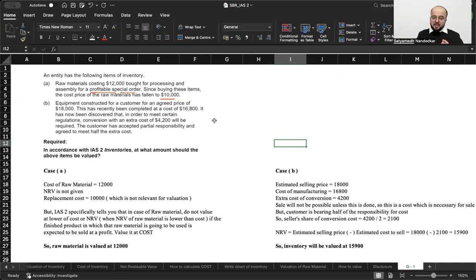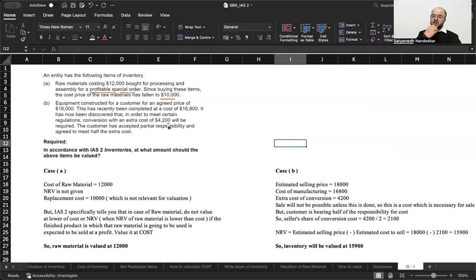It has now been discovered that in order to meet the regulations, conversion with an extra cost of 4200 will be required. The agreed price is 18,000. This is the estimated selling price. And in order to make the item saleable, you have to incur a cost of 4200. So this is estimated cost to sell. But half of that cost will be borne by the customer. Customer has accepted partial responsibility.